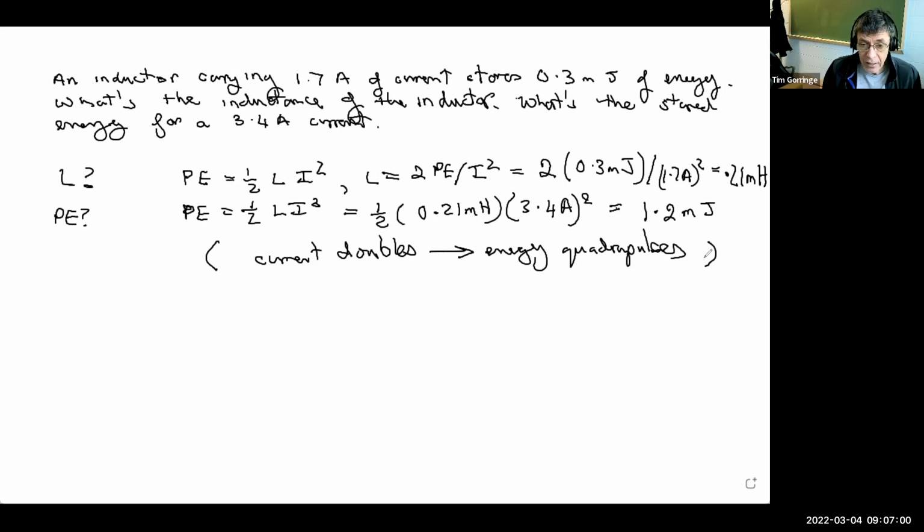In the case of the capacitor, the amount of energy stored is related to the charge on the plates of the capacitor. In the case of the inductor, the energy stored is related to the current that's flowing through the windings of the inductor. And this was just an example of applying that understanding about inductors, like we've used a similar understanding about capacitors in the past.